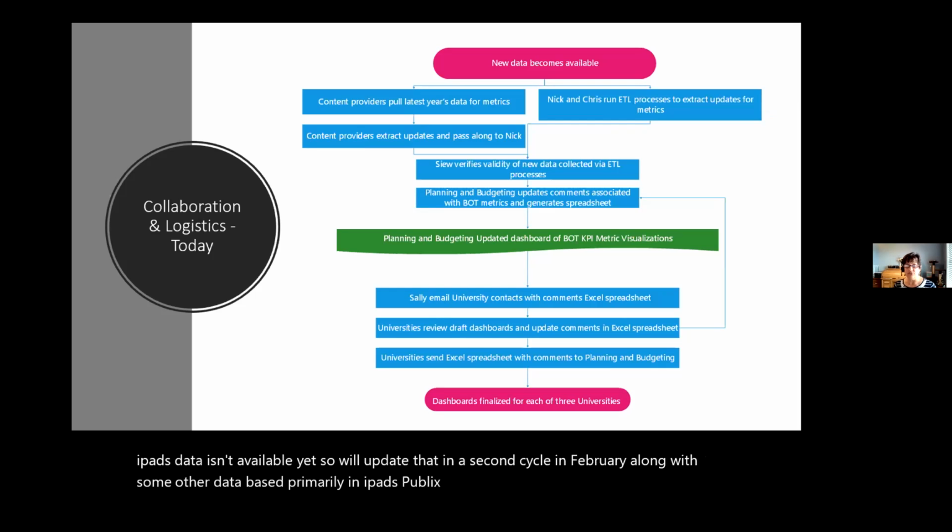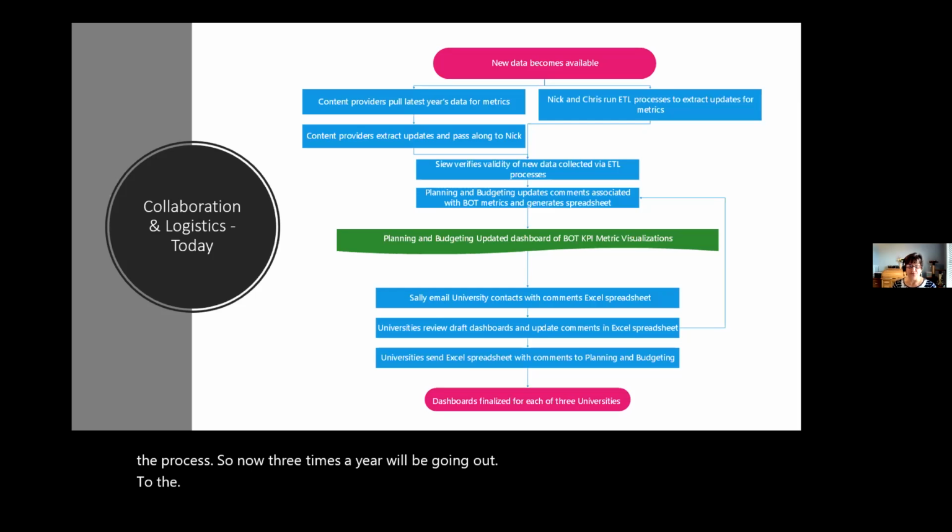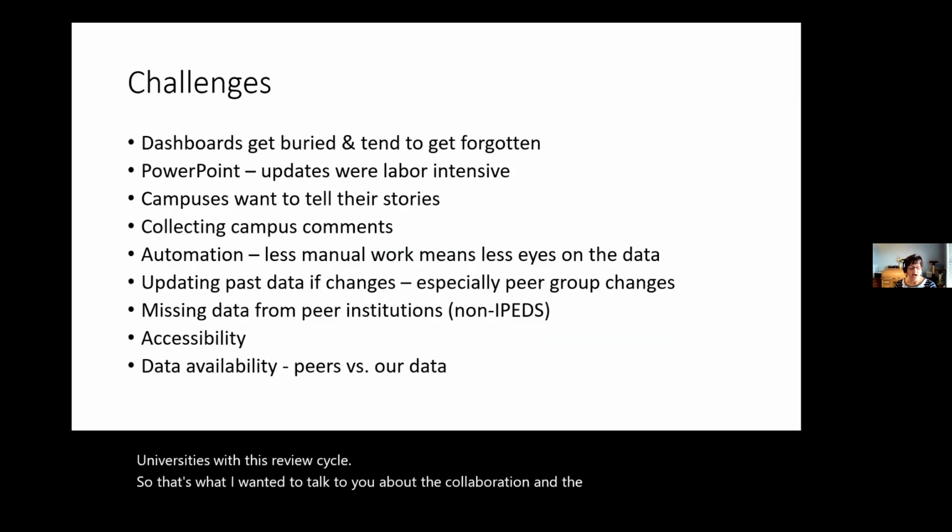And then in May, we'll finish off the process. So now 3 times a year, we'll be going out to the universities with this review cycle. So that's what I wanted to talk to you about, the collaboration and the logistics.